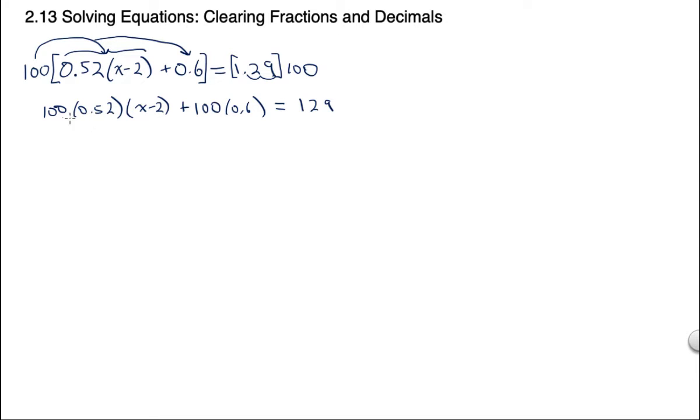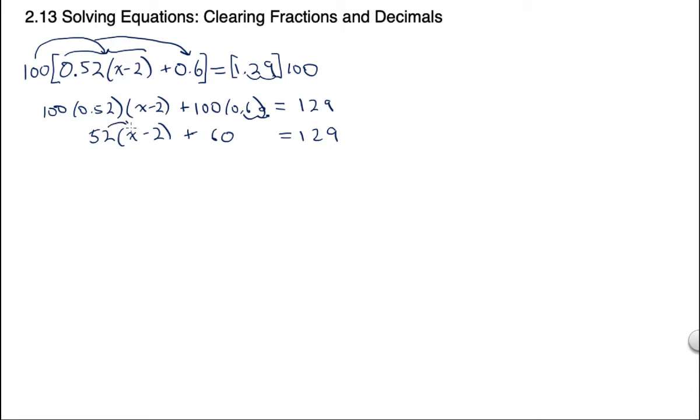So that makes this 52 times x minus 2 plus, now 100 times 0.6, 6 tenths, will move this decimal place 2 spaces to the right as well, which means there will be a 0 here. So this ends up being just 60. All right.